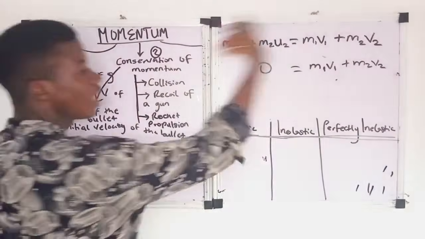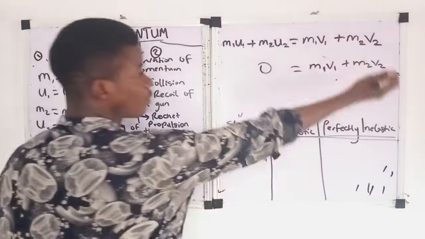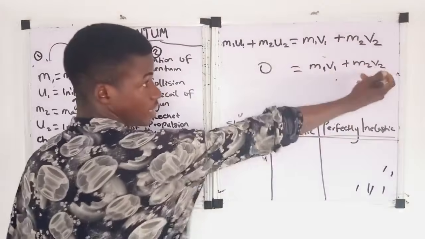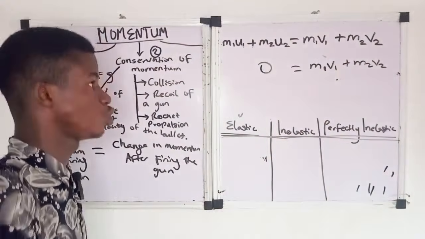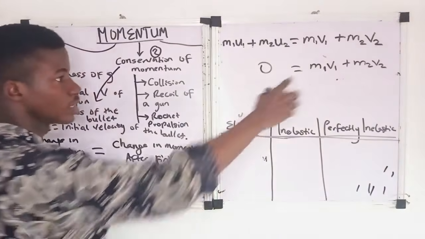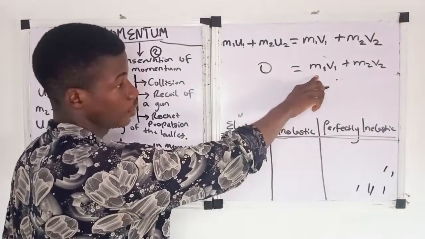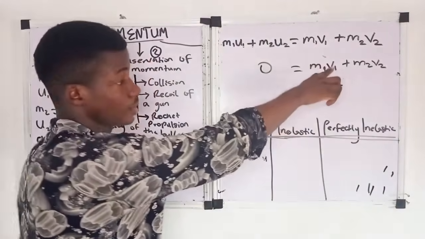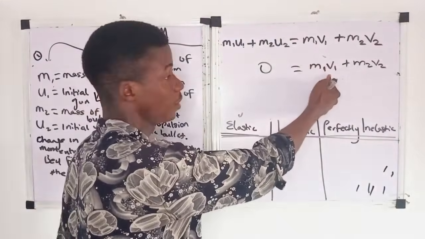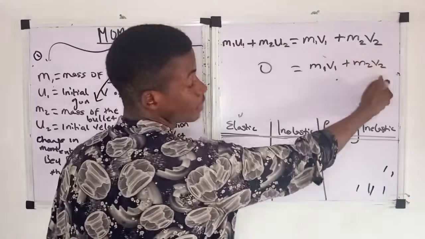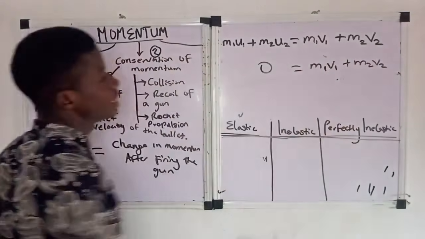Okay, so after we fire the gun, the change in momentum after we fire the gun is this: m1 v1 plus m2 v2. Remember, this is the mass of the gun, final velocity of the gun, mass of the bullet, final velocity of the bullet, right? Yes.